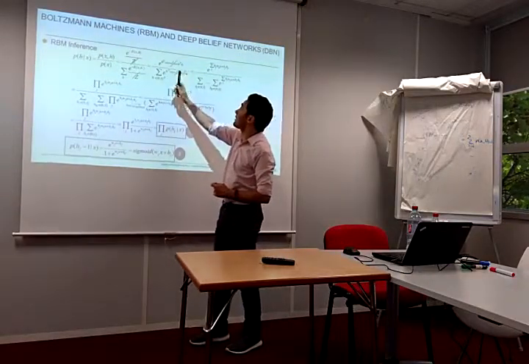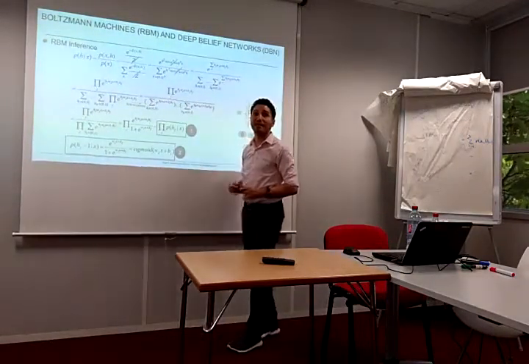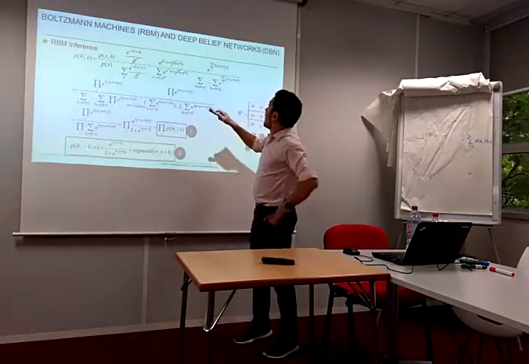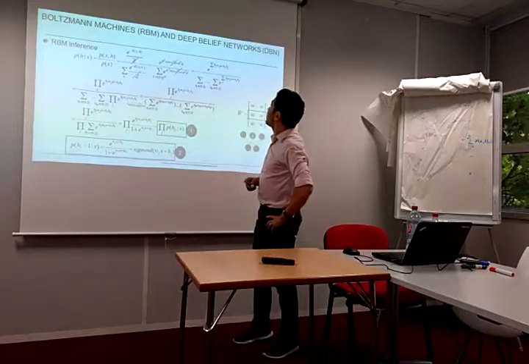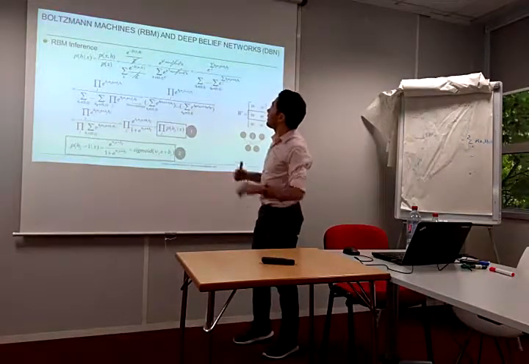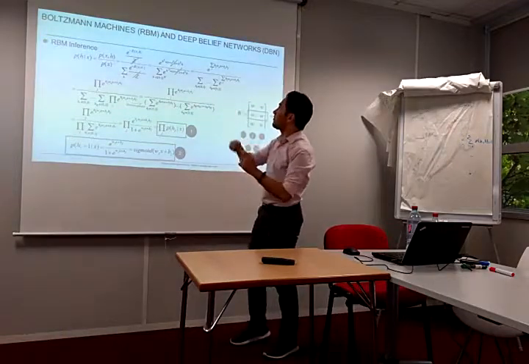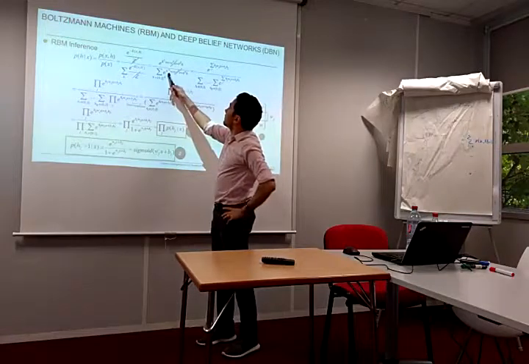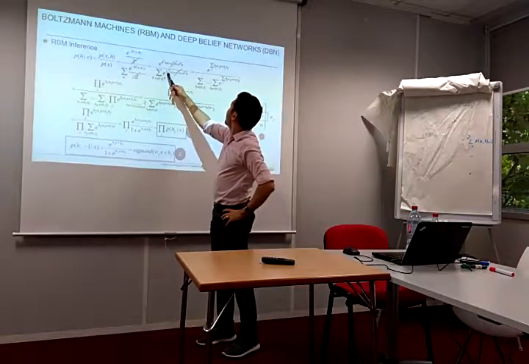So C transpose X and C transpose X will cancel each other. Okay. Afterwards, we will do some separation because, okay, H here is a vector or a scalar.